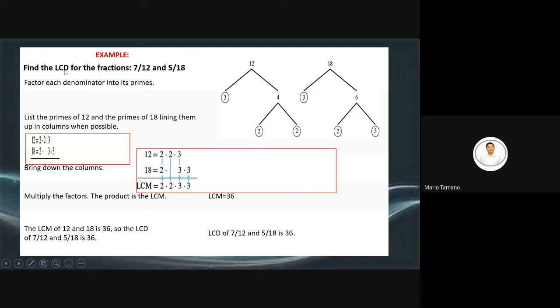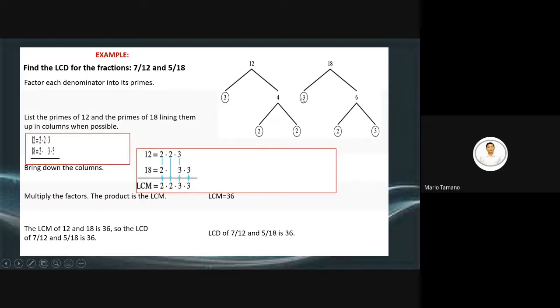Okay? Isunod naman natin po yung 18. Now, you have to think the factors of this 18. When you say factors, so yan pa yung mga numbers that if you are going to multiply, gives you 18. Okay po. So 3 times 6 is 18. And this 6 is composite.